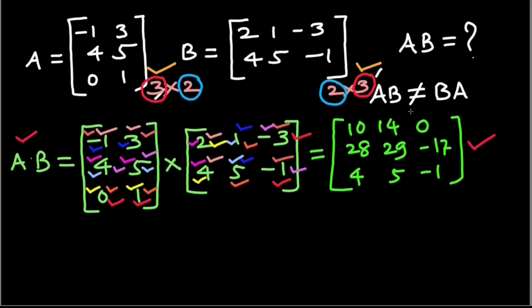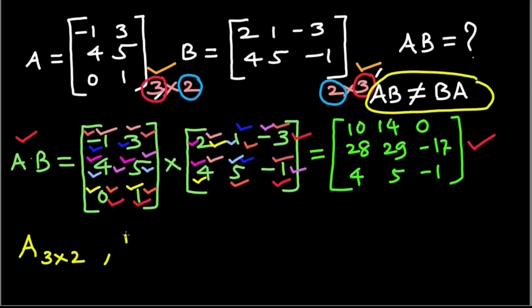In the second part of the problem, without computing BA, we have to show that AB is not equal to BA. Order of matrix A is 3 by 2 and that of matrix B is 2 by 3. The order of matrix AB is 3 by 3.